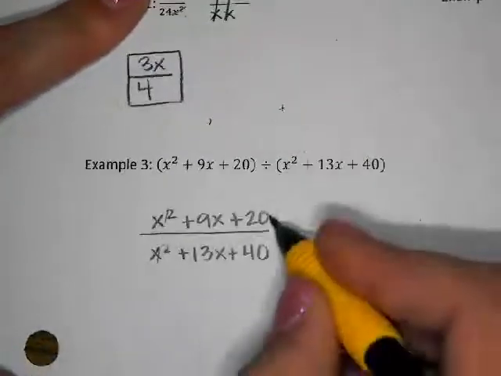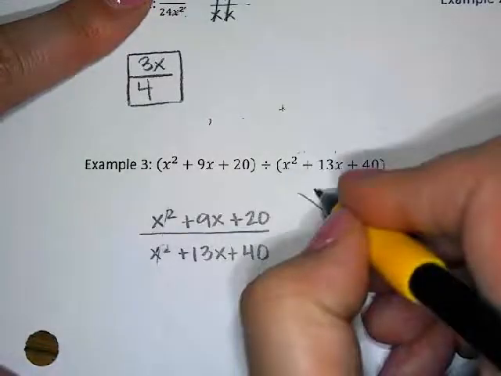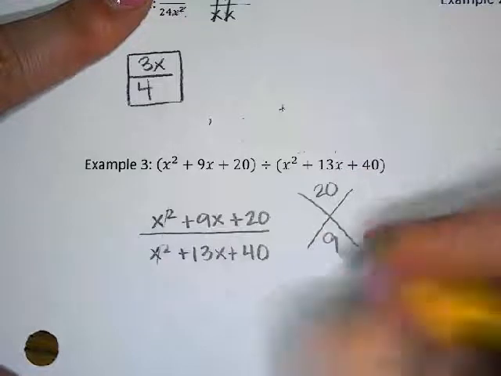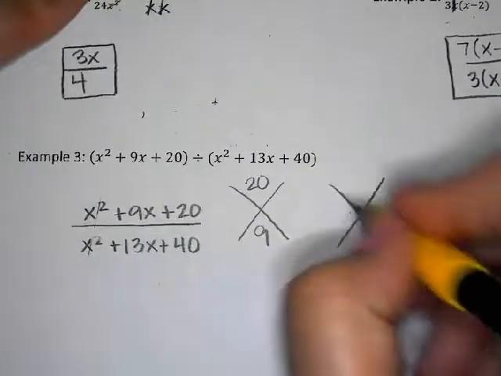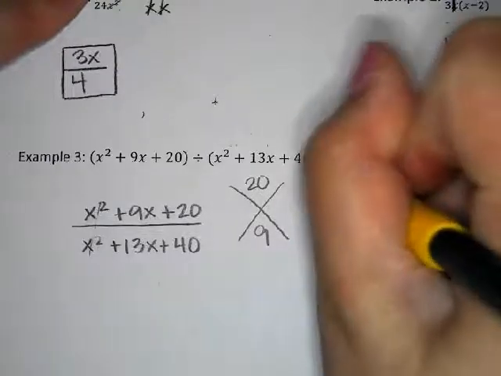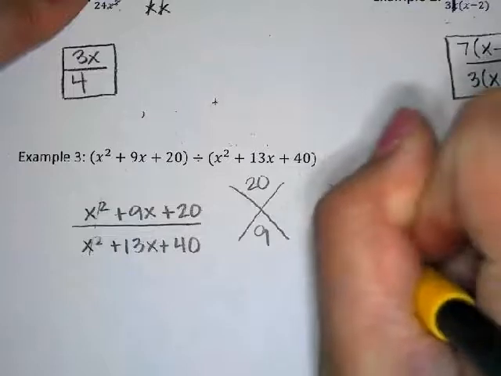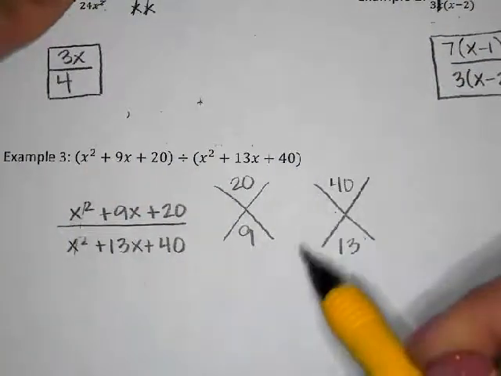For this top one, we have to find what multiplies to 20 but adds to 9. And for the bottom one, we have to find what multiplies to 40 but adds to 13. Multiplies to 20 but adds to 9.